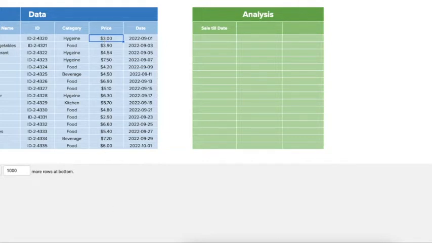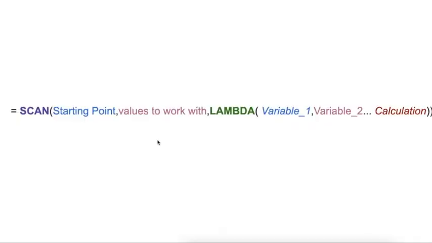So in this case, the initial value will always be zero if you're earning money. It may change. Maybe you have sales from the previous month as well, and then the previous value will be the sum of last month's sales. But over here, we'll do that with a zero.